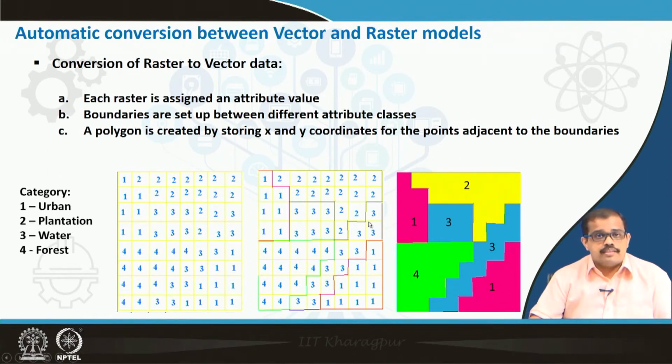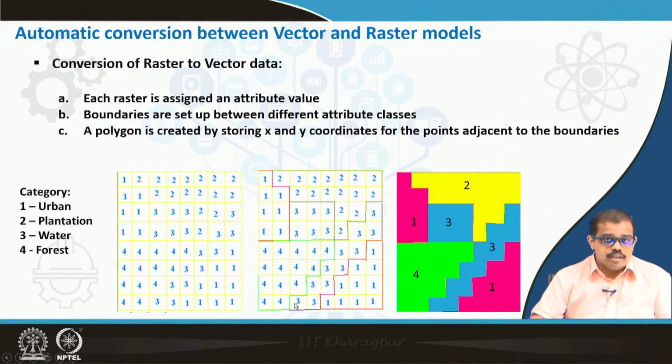Let us say all of these are 1, so this polyline could have been done something like this, but there is a set of 1s here and a set of 1s here. Both of these will belong to the same vector entity, which is nothing but urban. So, you draw boundaries across 1, boundaries across 2, boundaries across 3, wherever it is found.